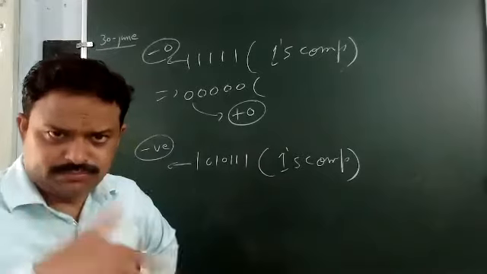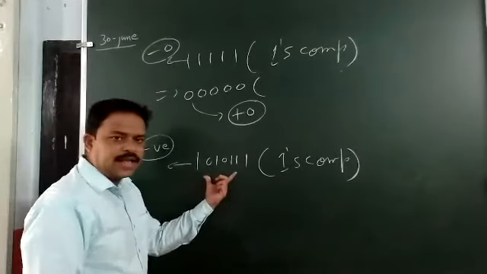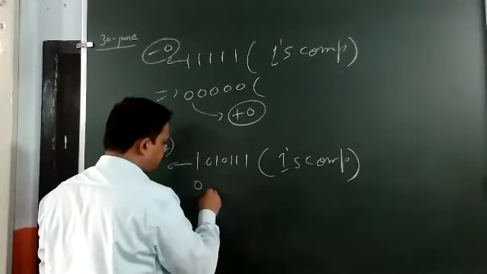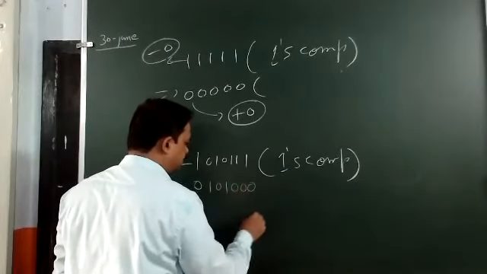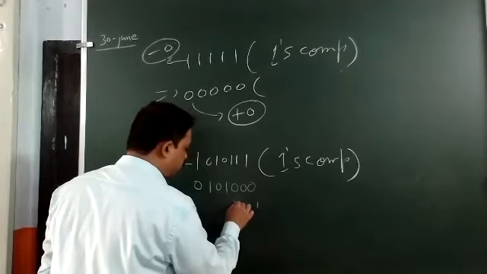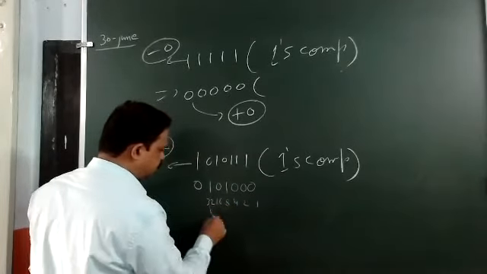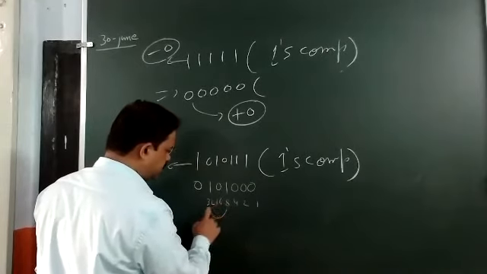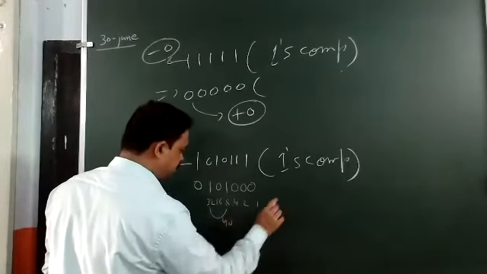How did you find out? Take one's complement again: 0, 1, 0, 1, 0, 0, 0. So 1, 2, 4, 8, 16, 32. 32 plus 8 is 40, and here the sign bit is 0.